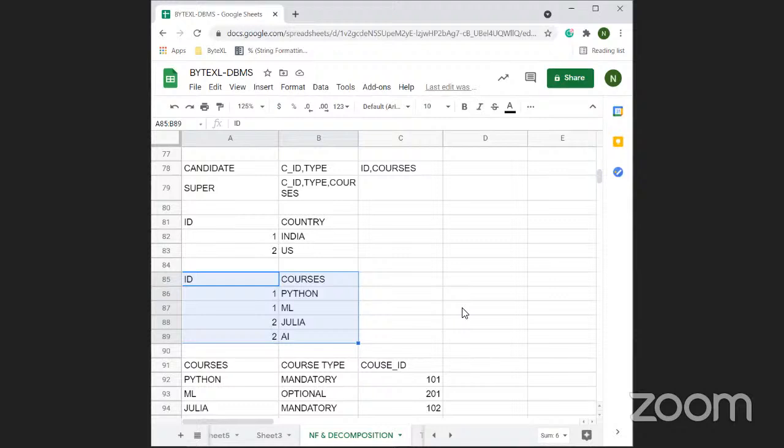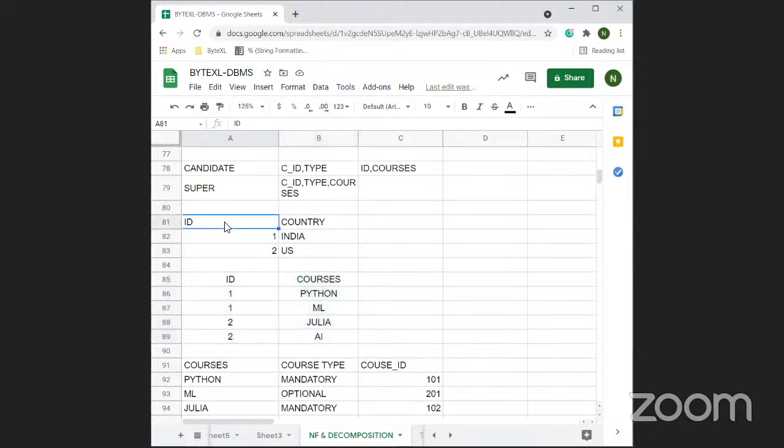If in the second semester the student is going to some other course, only if we change this particular table, that would be sufficient. Then this is the address of the student. If the student is changing the address, update only this table, that would be sufficient. Based on the work you have, you can select the table.